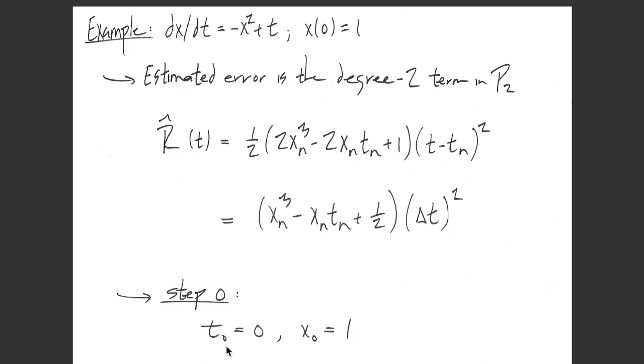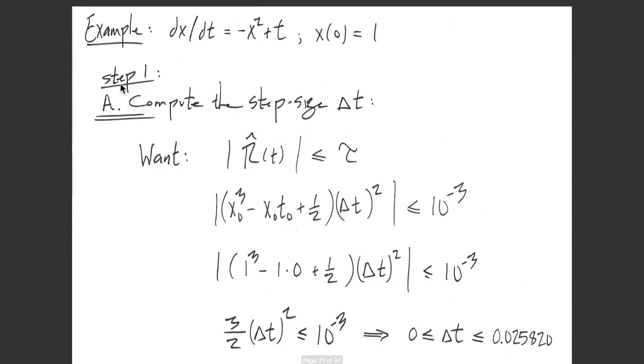Step 0, as usual, is just to initialize the method using the initial condition from the initial value problem. Step one, the very first thing we want to do is compute the step size. So we want our estimated error to be less than our tolerance. Here I'm using our formula for the estimated error. Here's our tolerance.